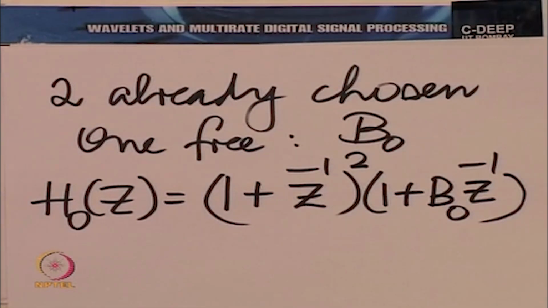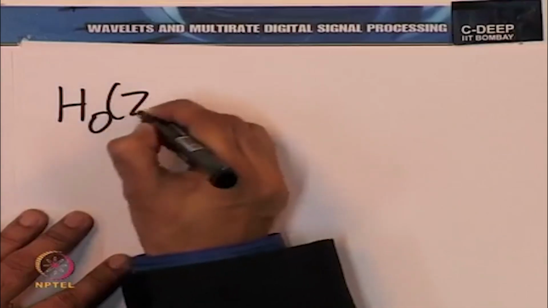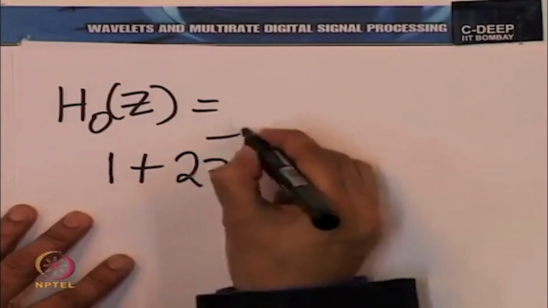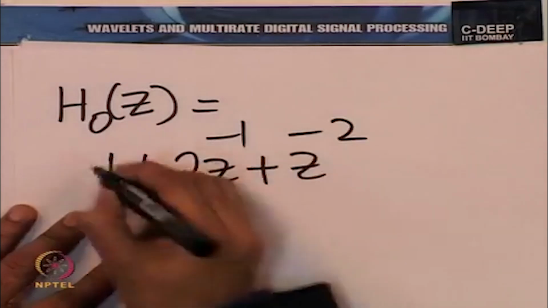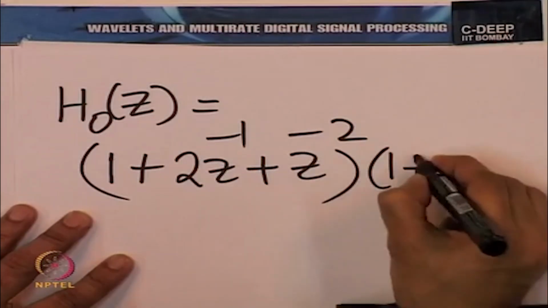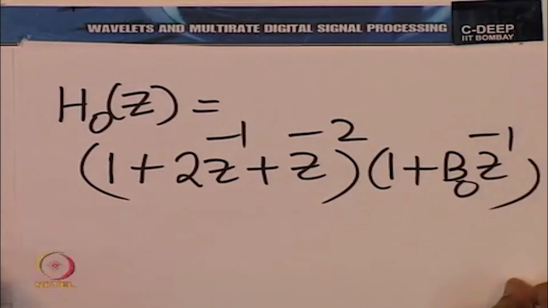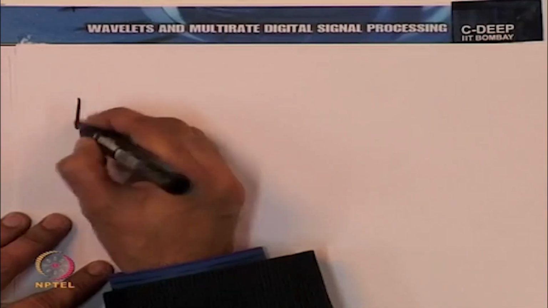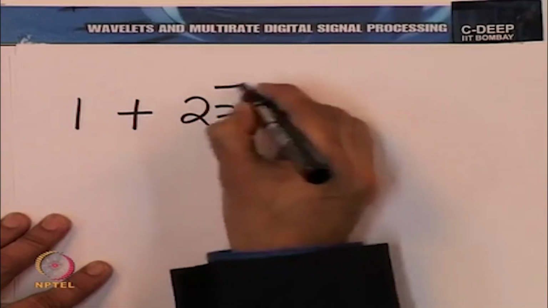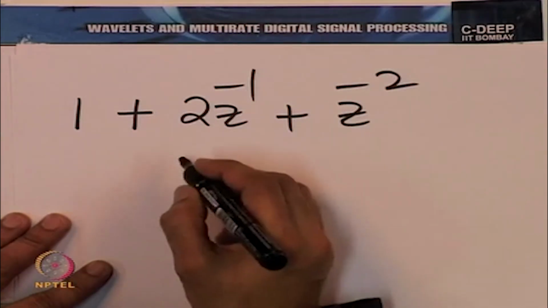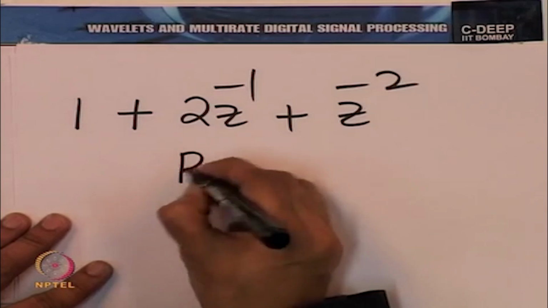What do we have then? Let us expand this. We have h 0 z is essentially 1 plus 2 z inverse plus z raised to the power minus 2 times 1 plus B 0 z inverse. And we can expand this further. That product will be 1 plus 2 z inverse plus z raised to the power minus 2 plus B 0 z inverse times this.